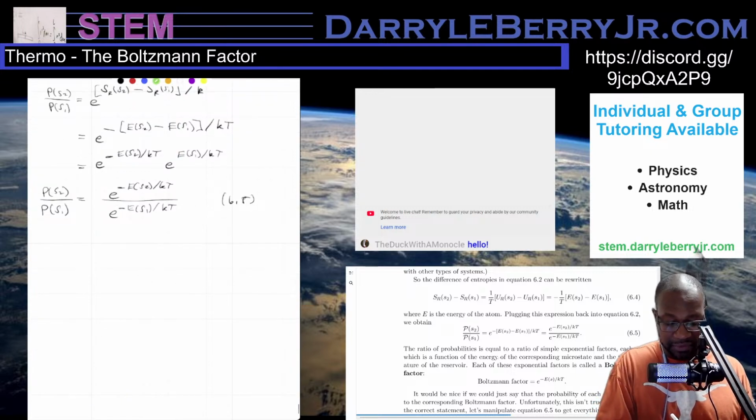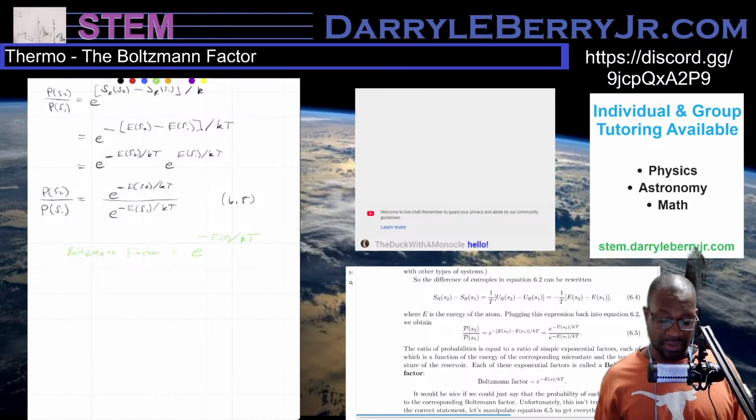So now we know what the Boltzmann factor is. The Boltzmann factor is e to the minus E_S, the energy of the state, divided by kT. So if you divide two Boltzmann factors, you get the ratio of probabilities of the states of the particle that correspond to those energies.